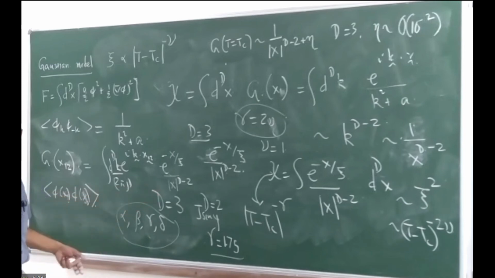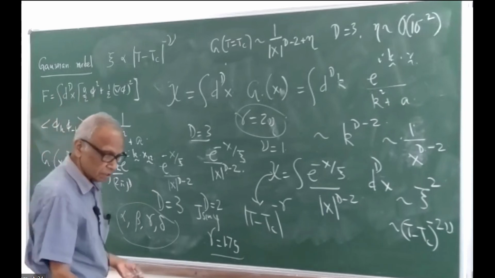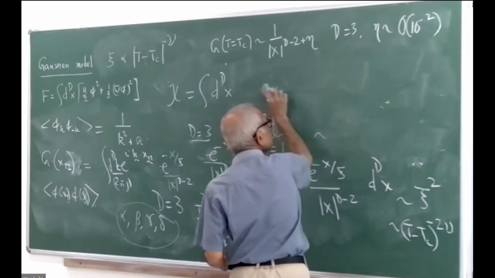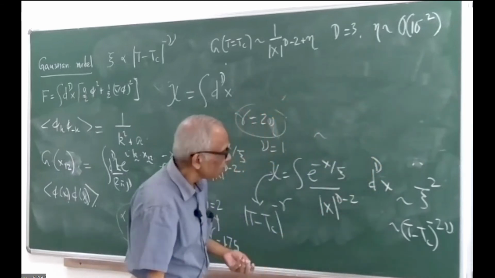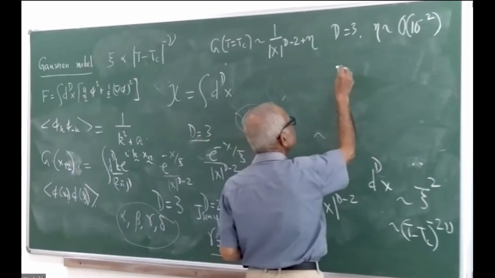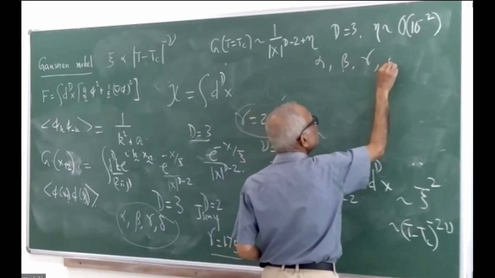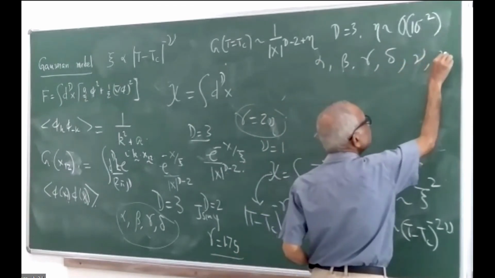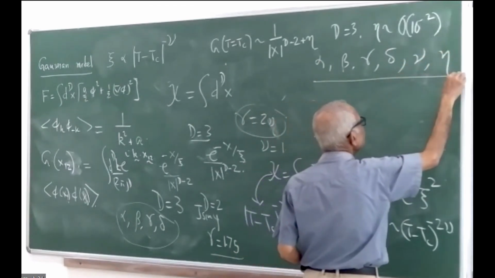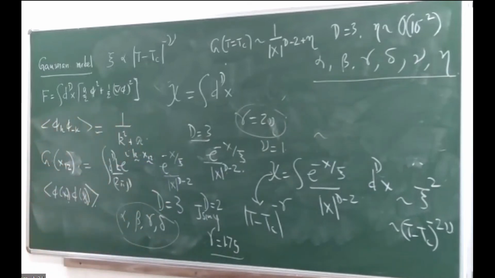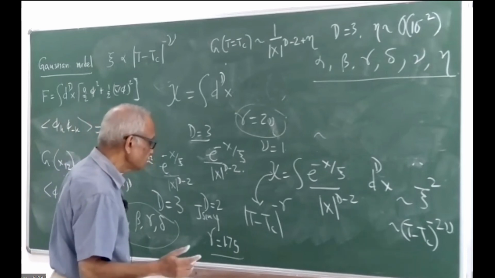So that completes the dimensional question of exponents, that this is the anomalous dimension exponent. So you have alpha, beta, gamma, delta, nu, for the conventional critical phenomena. That is the story.